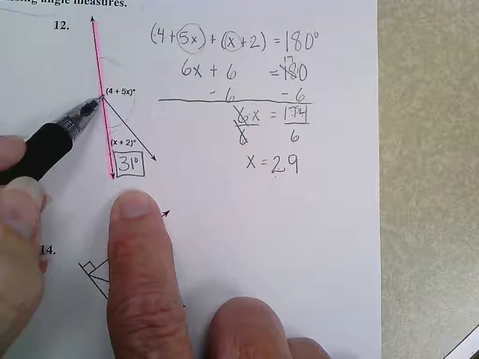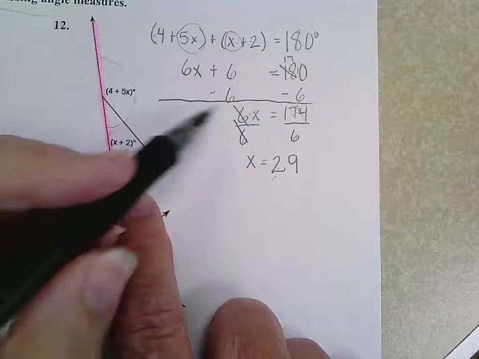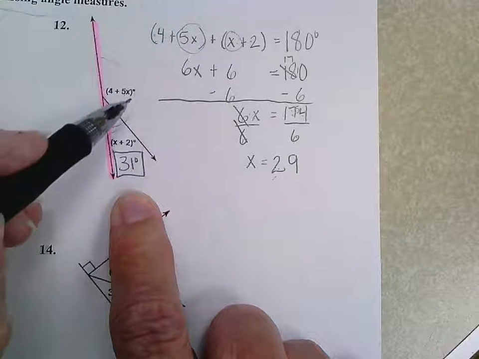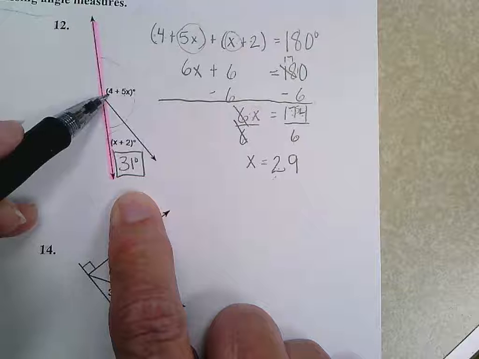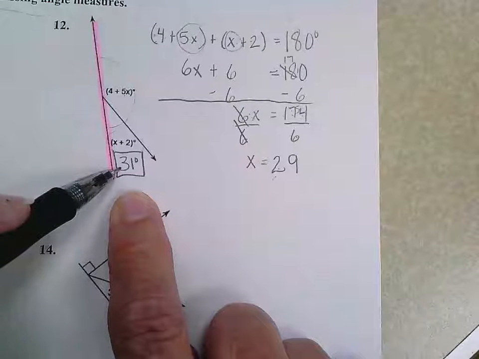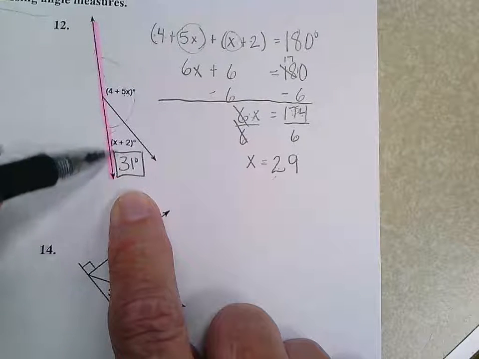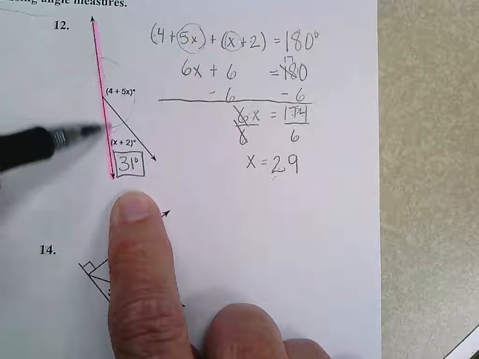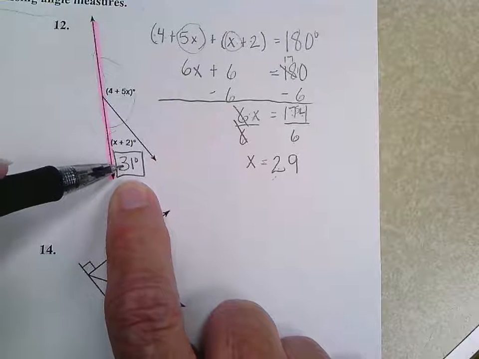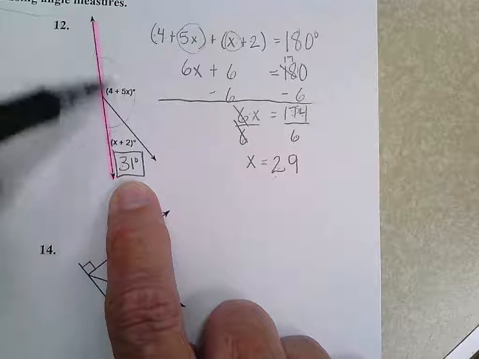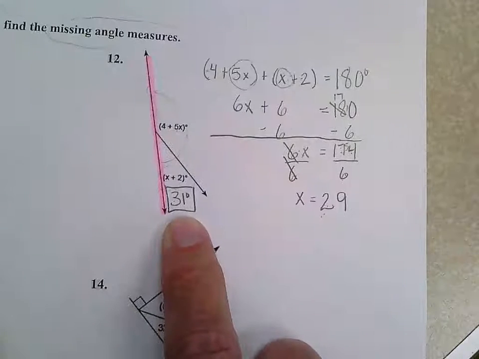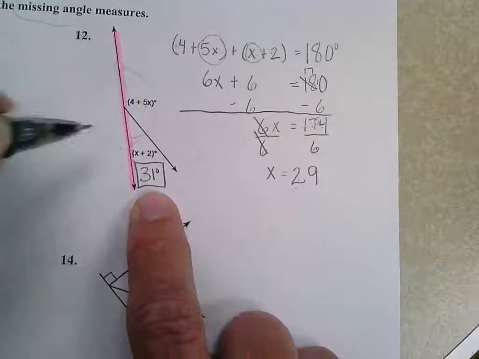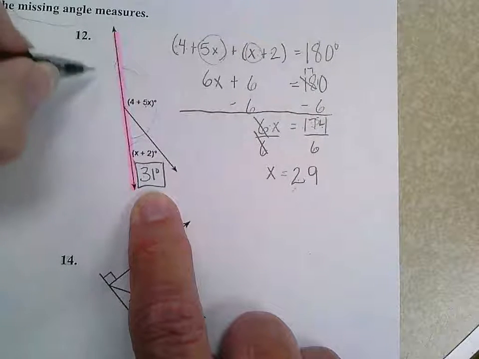Now I can solve this one of two ways. I can substitute 29 in and multiply it by 5 and add 4, or I can simply take the value of the straight line angle measure, 180, and subtract 31 and get this angle measure. So I'm going to do the second way.